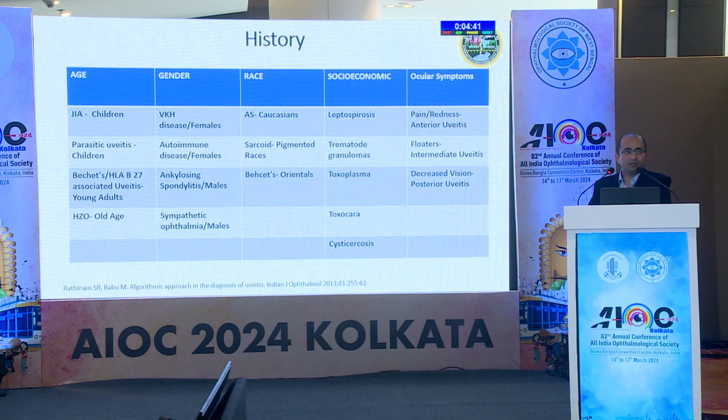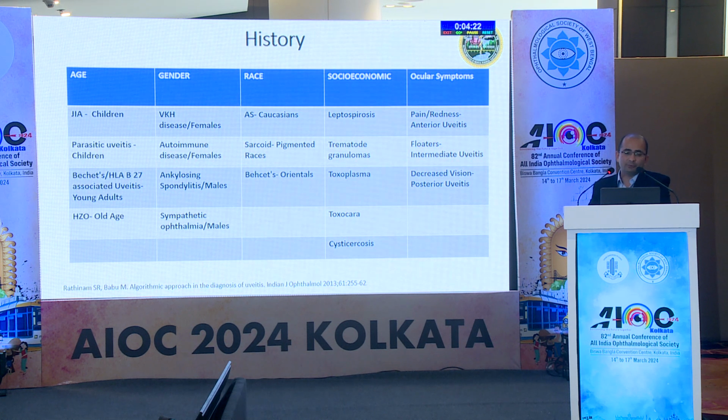We all know that certain kinds of diseases will be common in a certain age group, like JIA is more common in children, parasitic uveitis, HLA associated uveitis is more common in adults, and in old patients there can be masquerades as well as herpes zoster ophthalmicus.